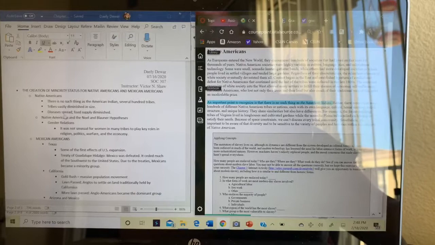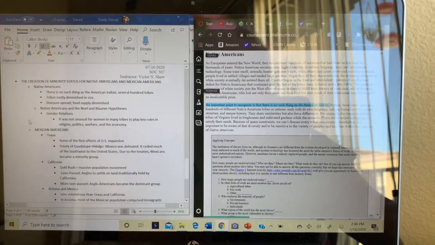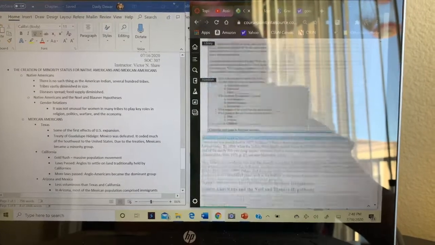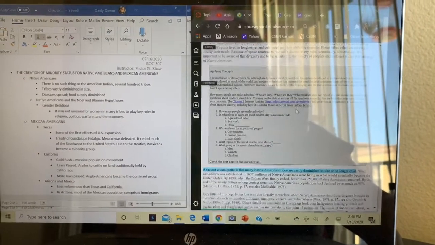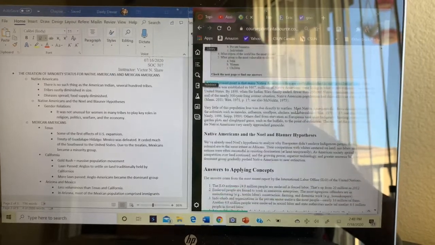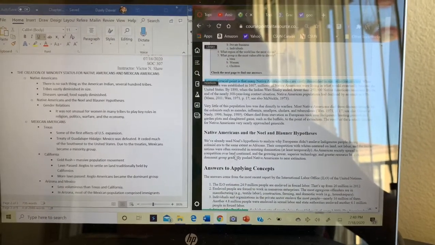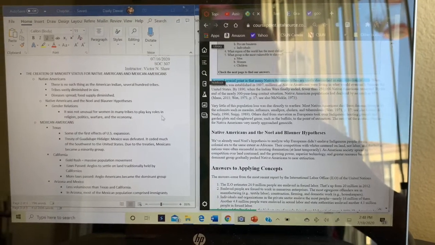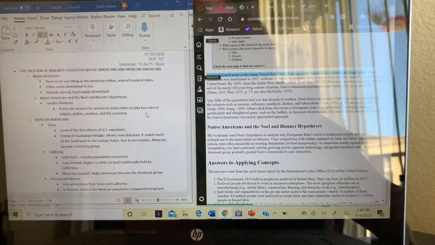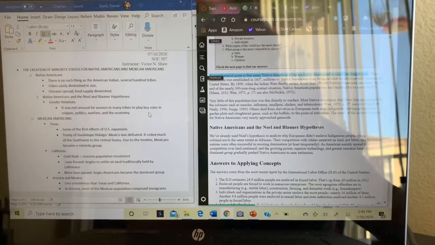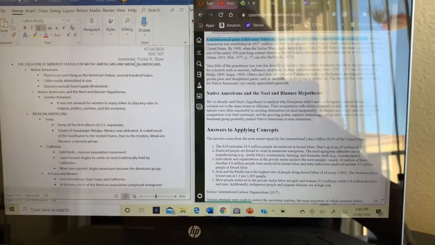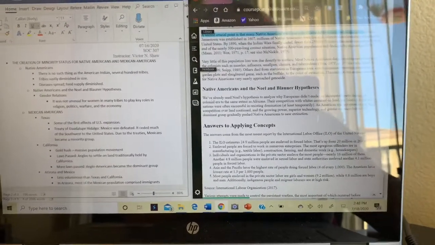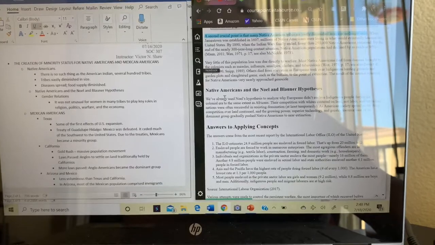And diseases spread quickly throughout the Native Americans, and food supply eventually diminished. And then it talks about gender relations within the Native Americans. It was actually not unusual for women in many tribes to play key roles, such as in politics, warfare, and the economy. And then it incorporates the two hypotheses that we discussed earlier into the Native American group.